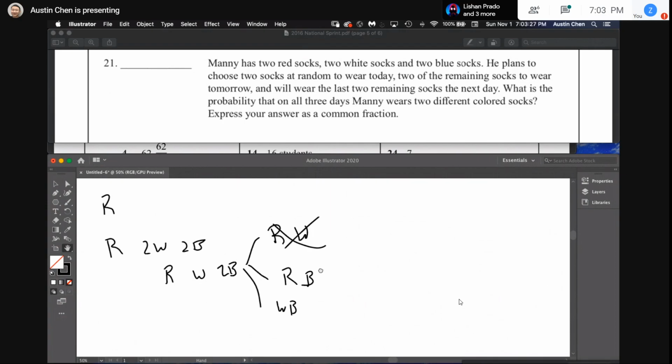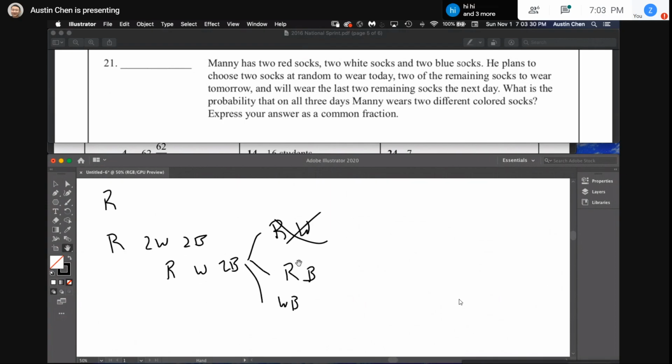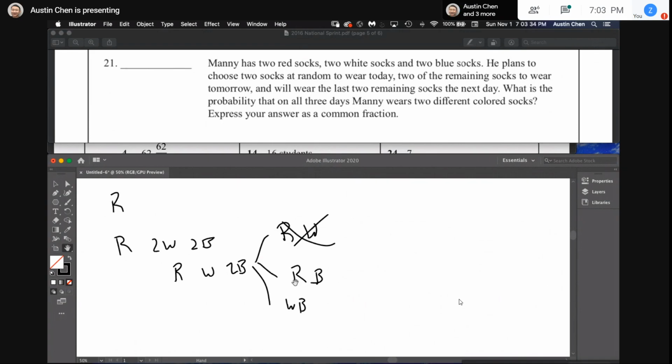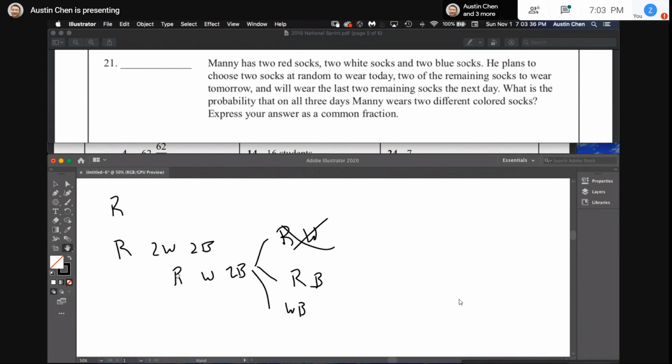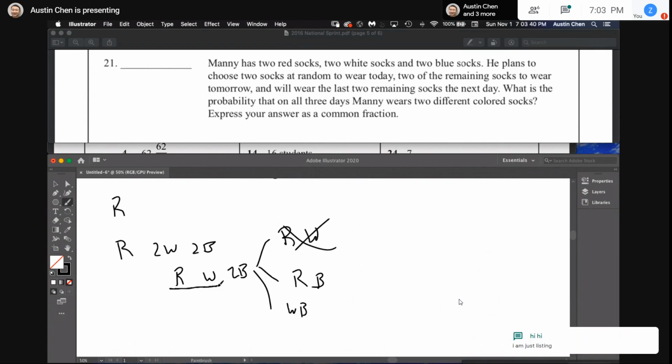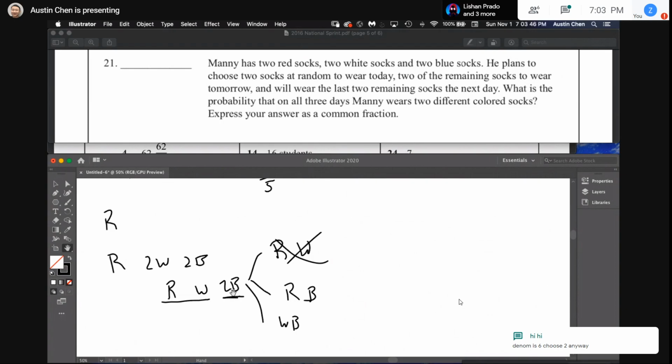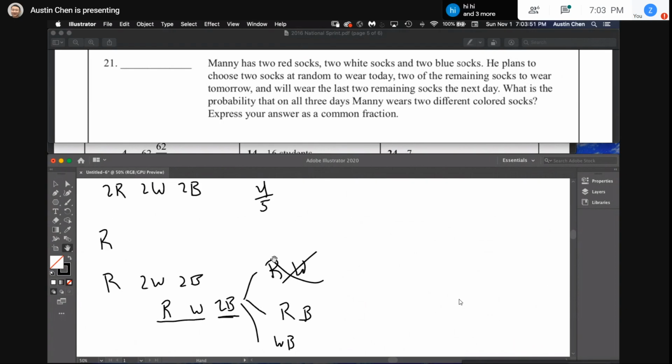And like I said, these are just the same cases, kind of, right? So basically, we have to choose one of the red or white socks, and we need to choose one of the blue socks. Okay, so what's the probability that that's gonna happen?